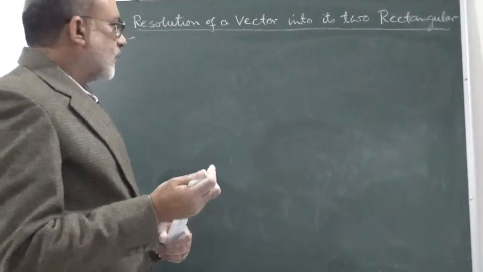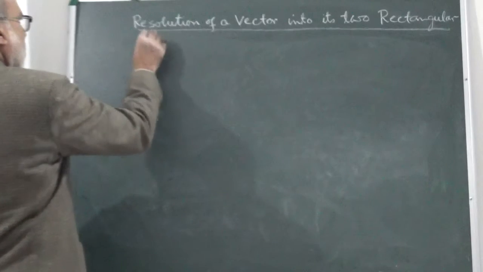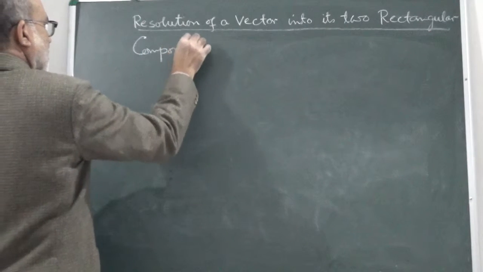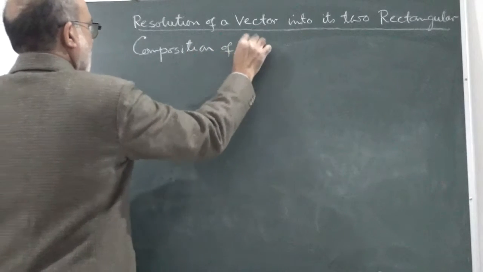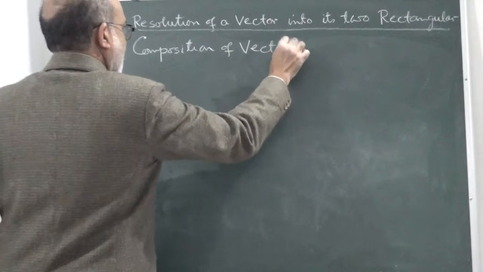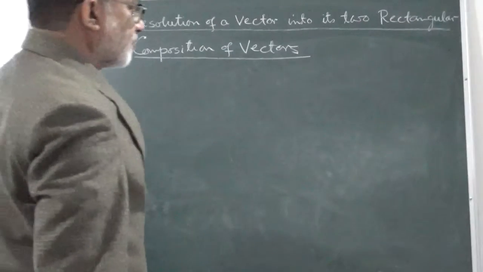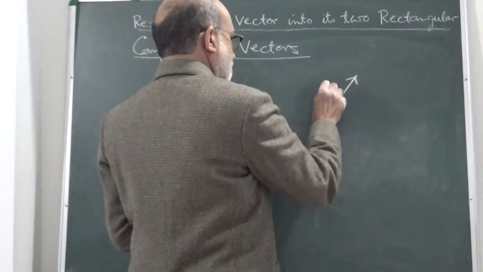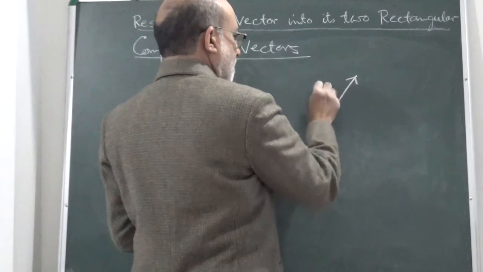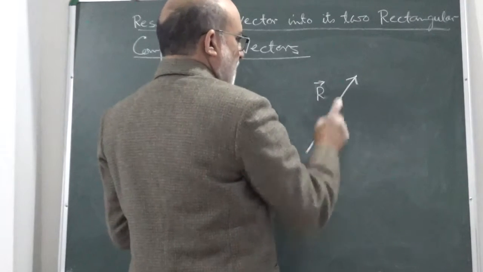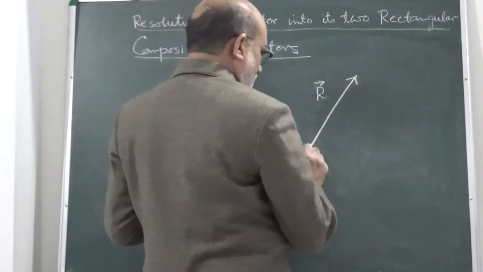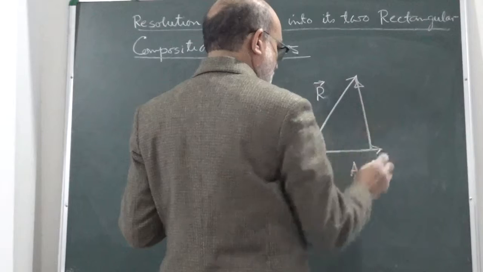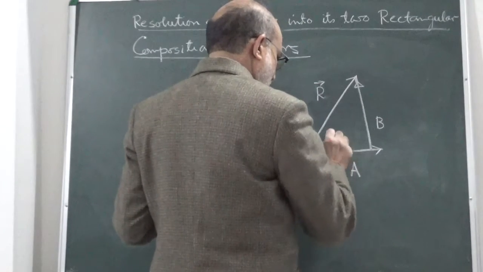Okay. Now, composition of vectors. We have just found that any vector, say R, can be resolved into two rectangular components, suppose A and B, making an angle theta.